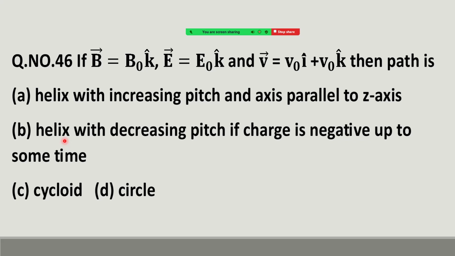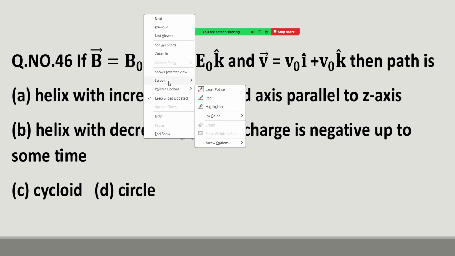Next, helix with decreasing pitch, if the charge is negative up to some time. So you should be very careful here. Given the charge is negative. So the charge is negative means, see what happens. The electric field is along the z axis. If the charge is negative, the electric force will be along the negative x axis. Sorry, along the negative z axis. I will write here.